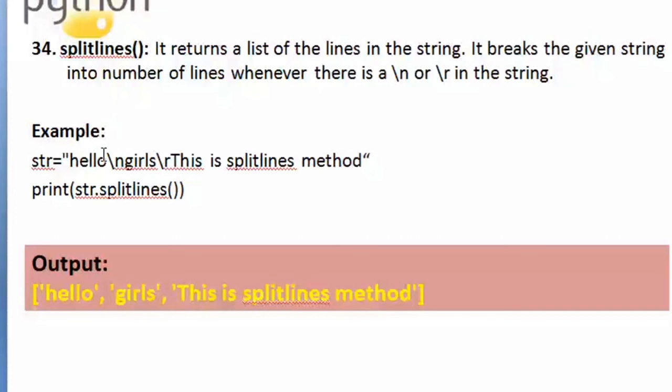So "hello" has come as the first element of the list, "girls" has come as the next element, and the rest came as is because there is no newline escape sequence there. So this is what splitlines does. If you have new lines and carriage returns, it will separate the text based on them. Is it clear?